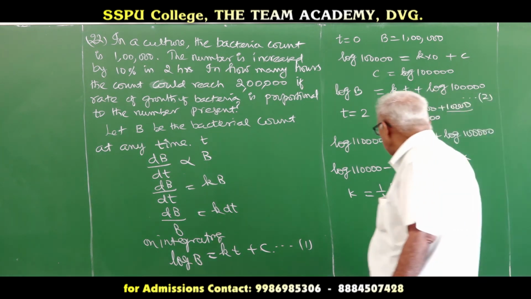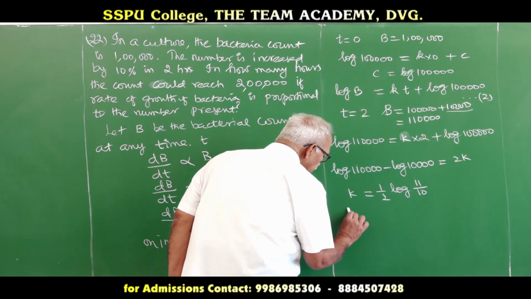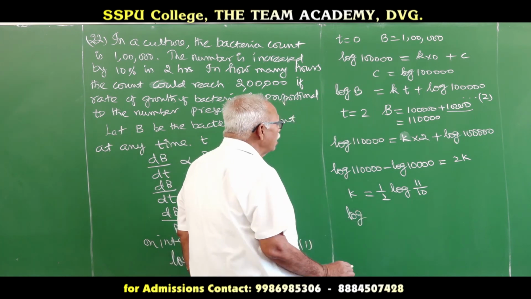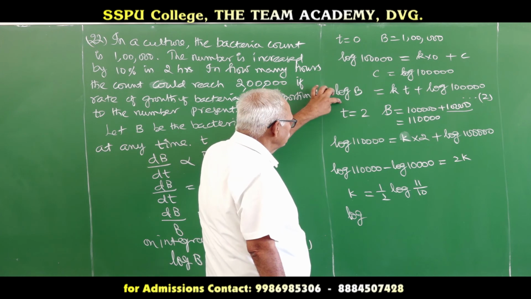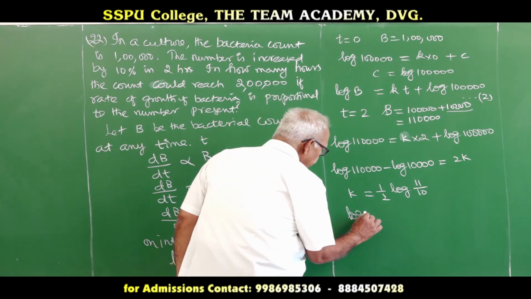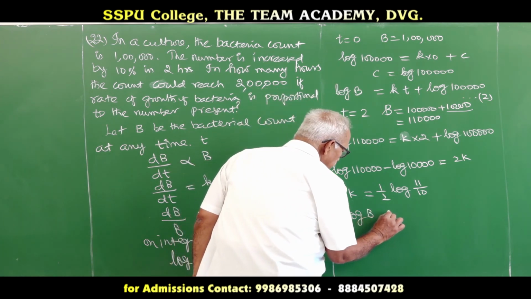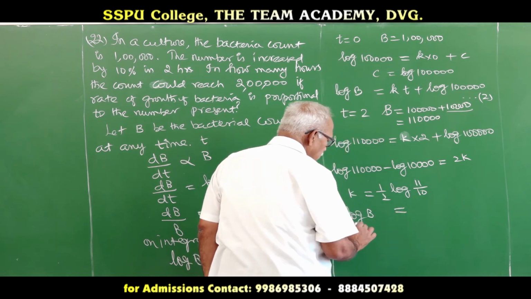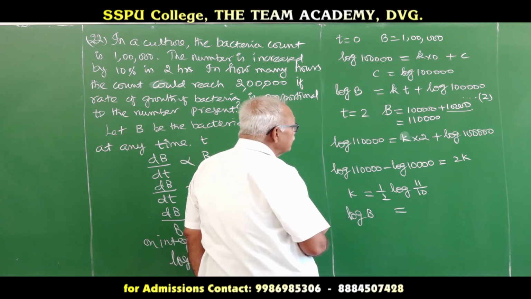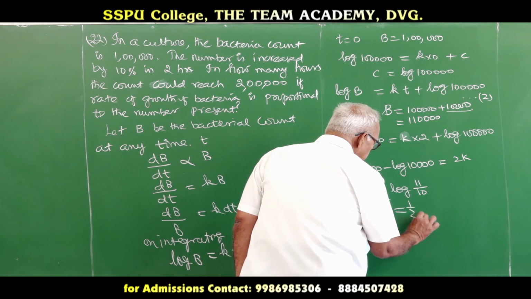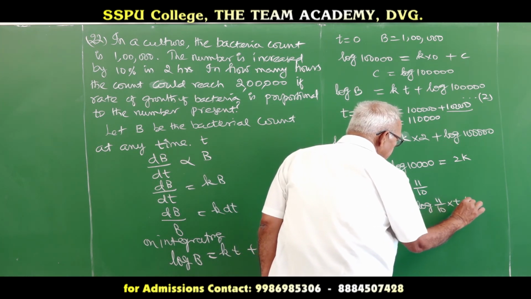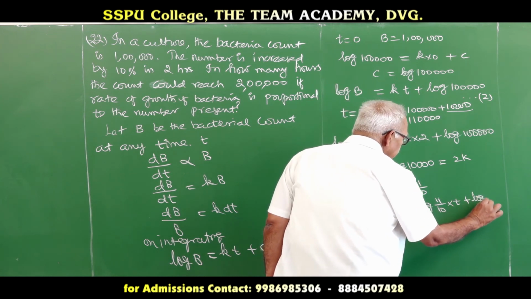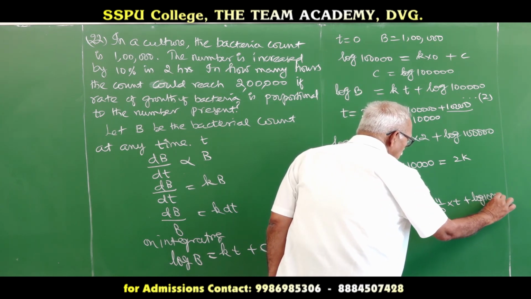Now let us calculate t. Now substitute in equation 2, that is log b. Log b is equal to k, which is 1 by 2 log 11 by 10, into t plus log 1 lakh.